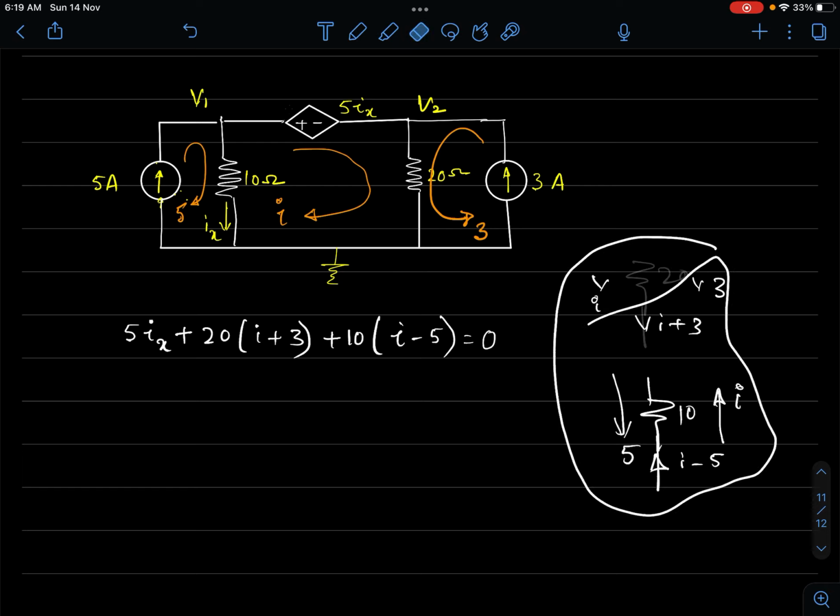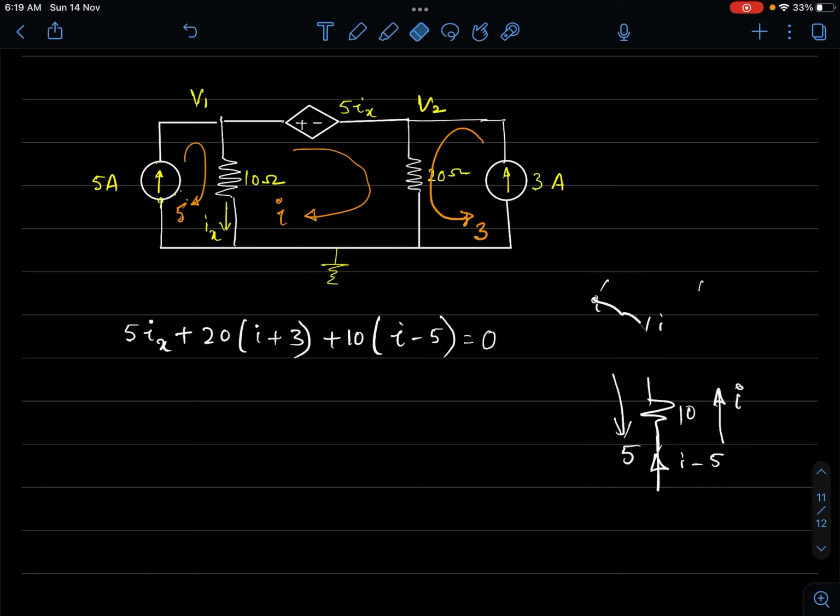Now what we need to do is remove Ix. There is one more unknown that got introduced, right? So what is Ix? It is simple. Ix is nothing but the current in the 10 ohm branch. So in terms of I, Ix is in the downward direction.